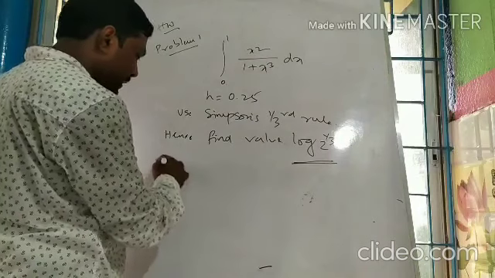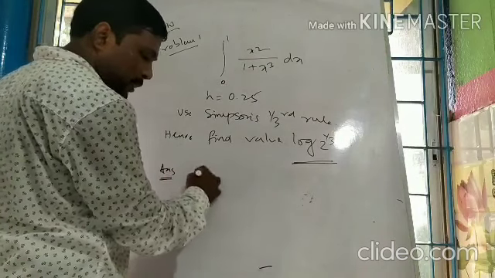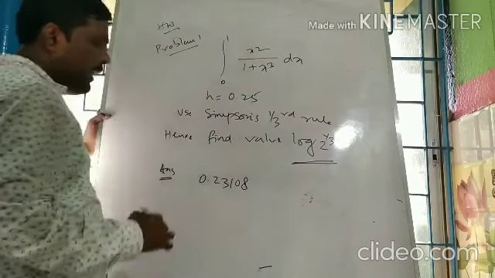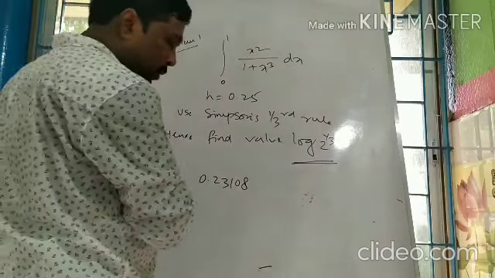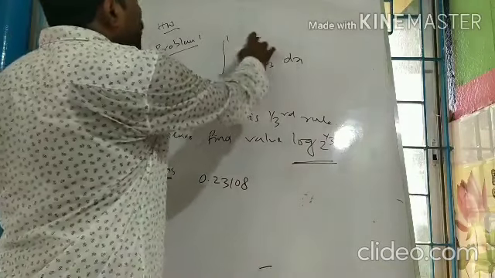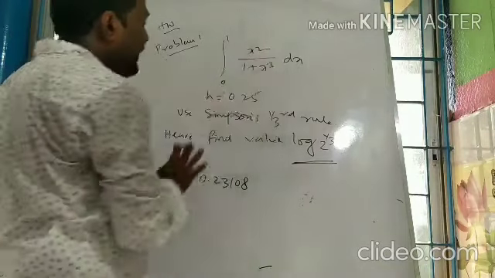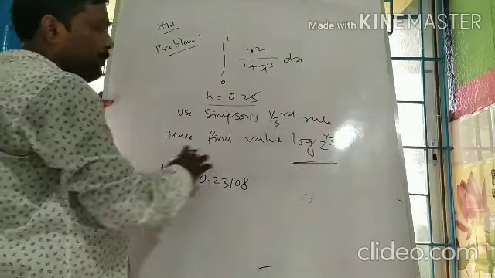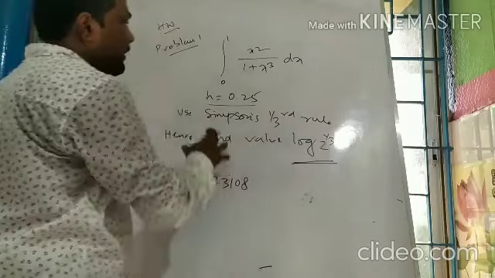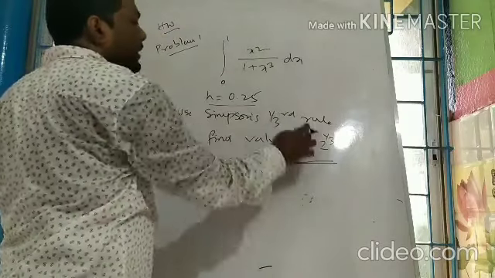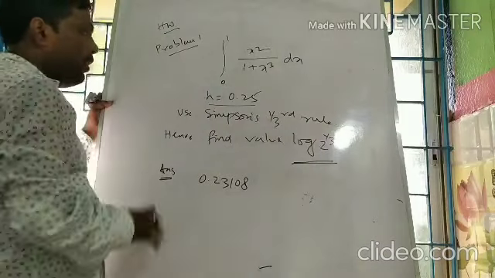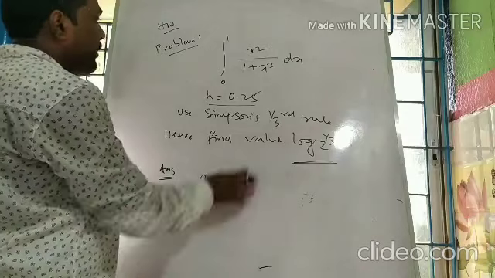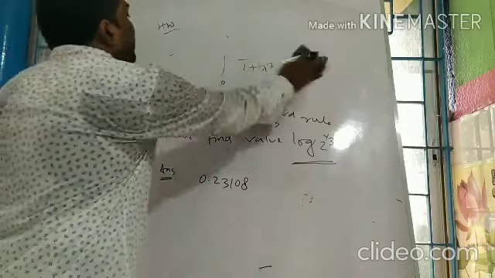Just write the answer. The answer is 0.23108. So you have to compute the integration from 0 to 1 of x square by 1 plus x cube dx using Simpson's 1/3 rule, taking h equals 0.25. Hence find the value of log 2 to the power 1 by 3. The exact value of this integration is actually log 2 to the power 1 by 3. So the answer is 0.23108. This is the approximate value of this integration by Simpson's 1/3 rule. You can verify.